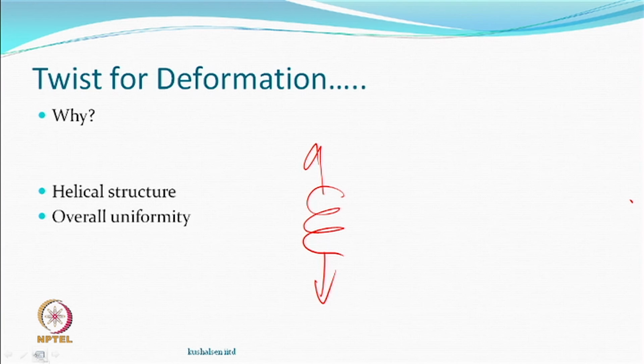Based on the stress levels that are exerted on each filament, they keep migrating from surface to core and core to surface, that is right. So, they migrate, this is migration.